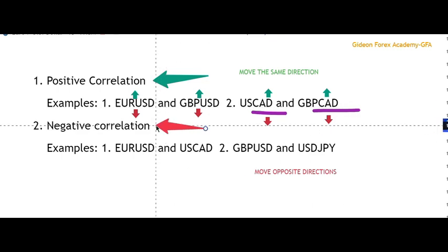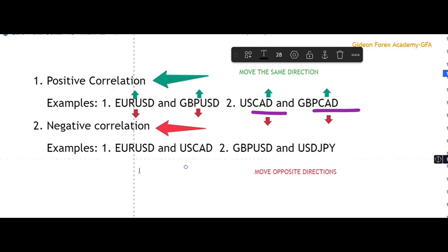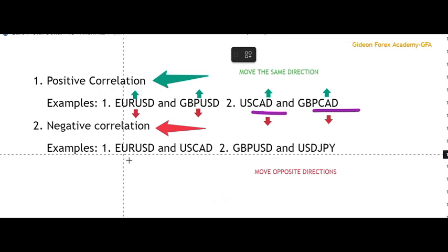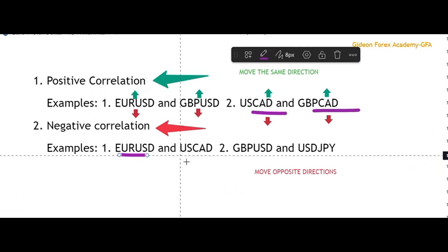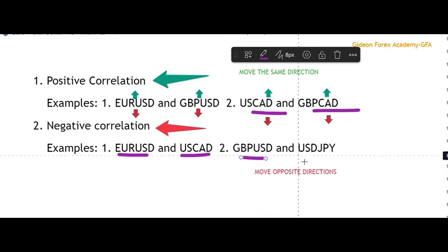Now, in the next category, which is the negative correlation, okay? Pairs which have negative correlation, for example, the EUR/USD and the USD/CAD, all right? And the GBP/USD and the USD/JPY.